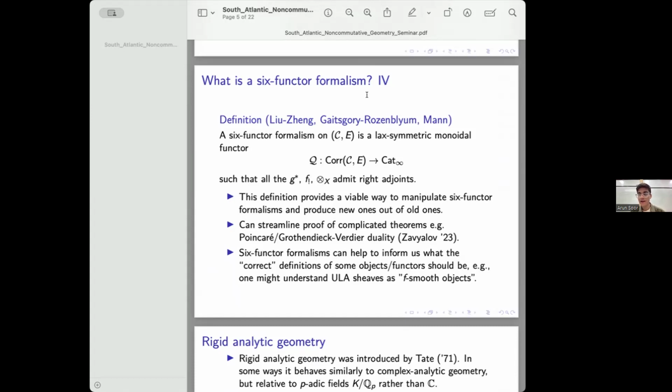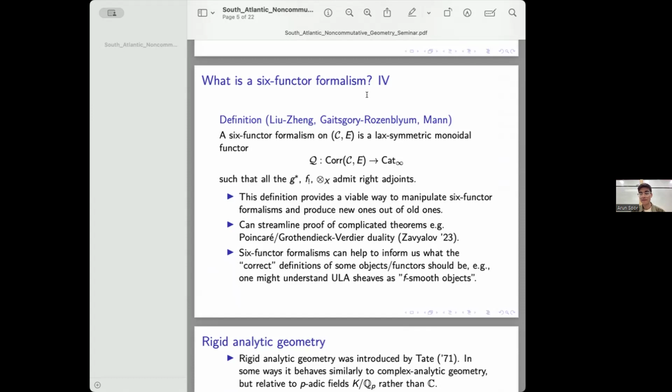Given a six-functor formalism, you're talking about, for instance, these Fourier-Mukai kernels and things like this. Very good. Given a six-functor formalism, you can associate an infinity-two category, which is called the Lu-Zheng category, in which the space of morphisms from X to Y is given by Q of X times Y, as far as I remember, and the morphisms are given by kernels.